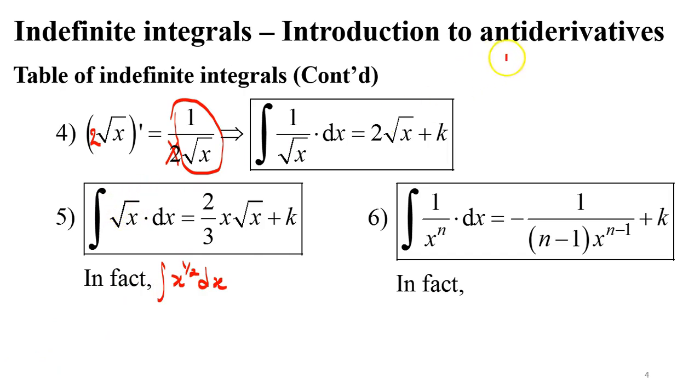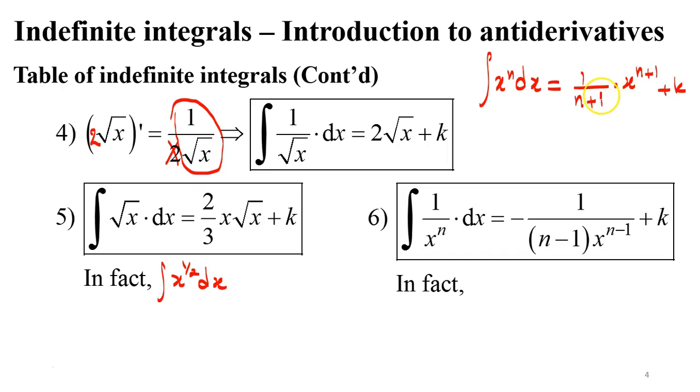So according to the power rule, let me rewrite it here in order to see it better. The integral of x to the n is in fact 1 over n plus 1 times x to the n plus 1 plus k. So whenever you're finding the derivative of a power, the exponent is decreased by 1, while when you're integrating the power, the exponent is increased by 1.